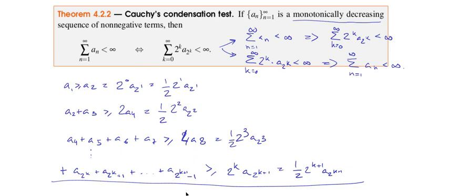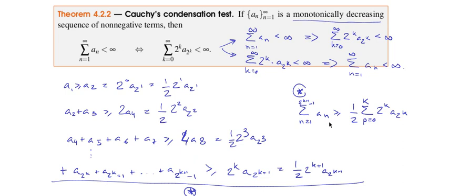and we get that the sum of a_n from n equals 1 up until 2^(k+1) - 1 is greater than 1/2 of the sum from p equals 0 to k of 2^k a_{2^k}.